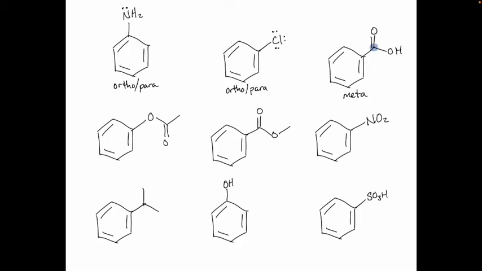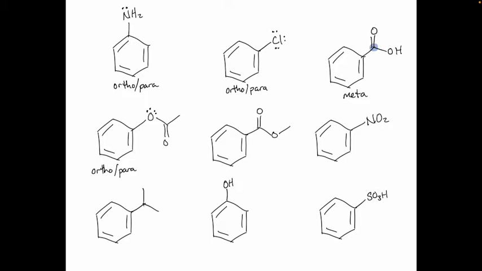So this one's going to be ortho-para because this has a lone pair on the oxygens, right? So anytime that ring is attached to something with a lone pair, it's going to be ortho-para directing. There is that carbonyl carbon for sure, but that carbonyl carbon is not the thing that's attached to the ring. The oxygen is, right?